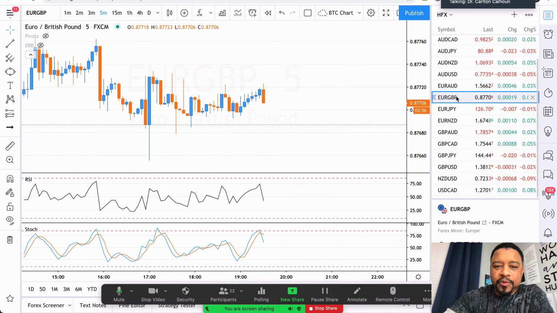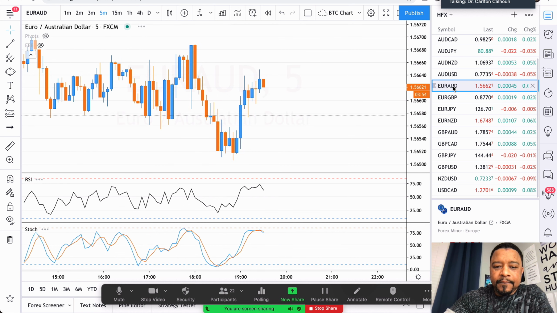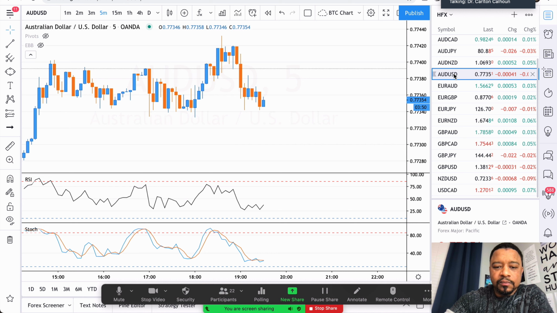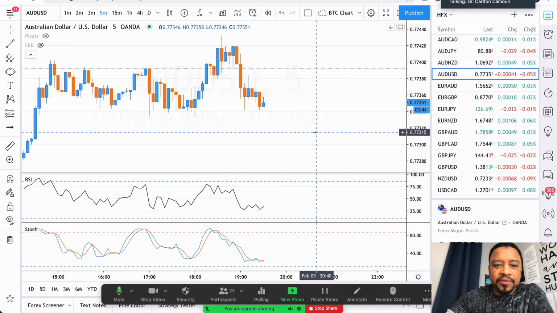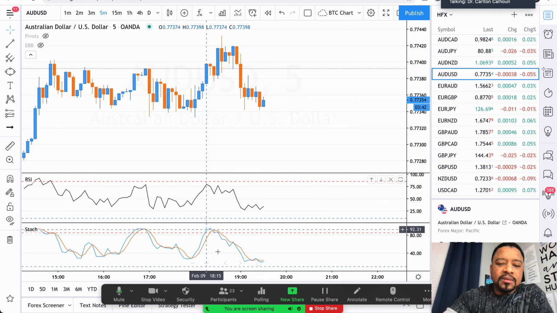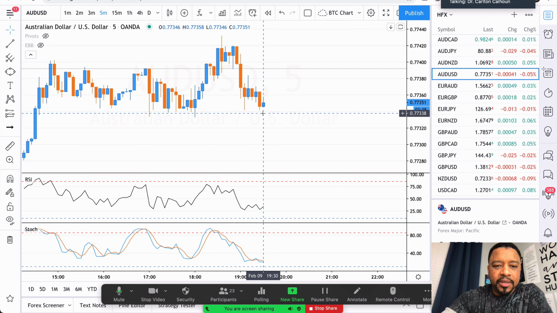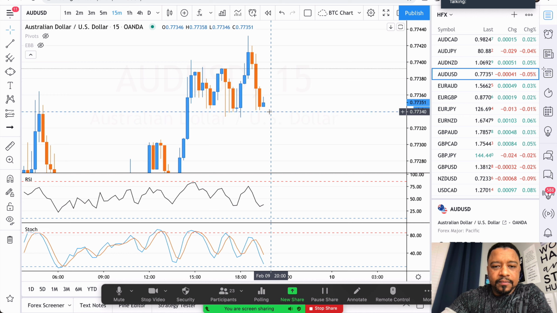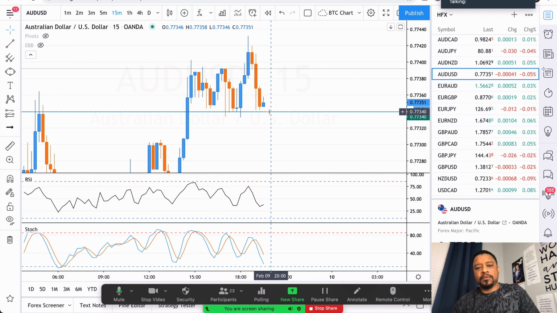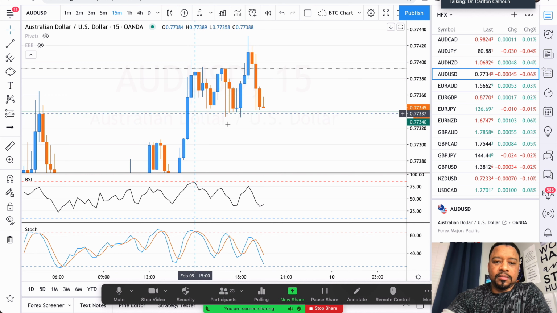All I'm doing is going through. As your eye gets trained to spot certain things, sometimes you don't have to wait until the obvious conditions are met. Like right here, obvious support.